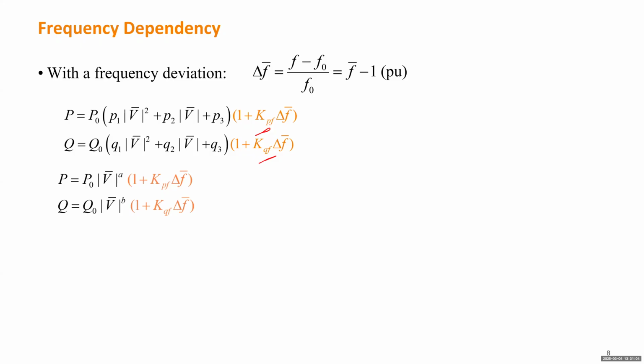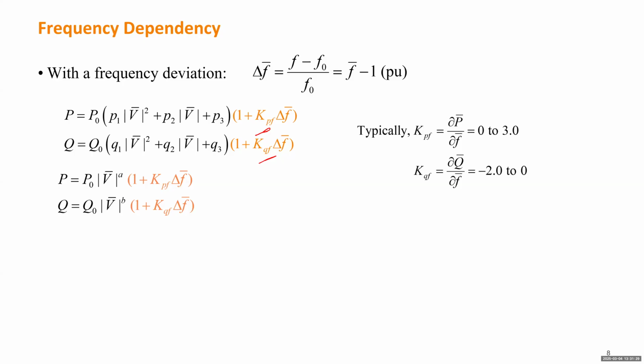We can also multiply the same factor to the P or Q of the exponential load model. The typical values for those K factors are 0 to 3 for KPF, and -2 to 0 for KQF.